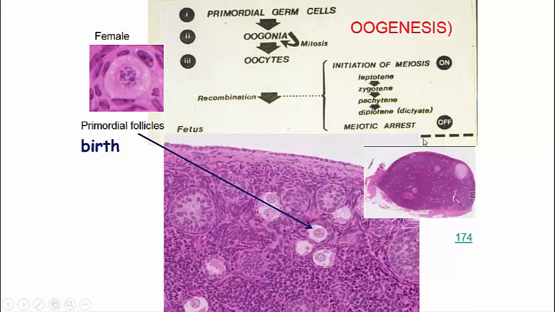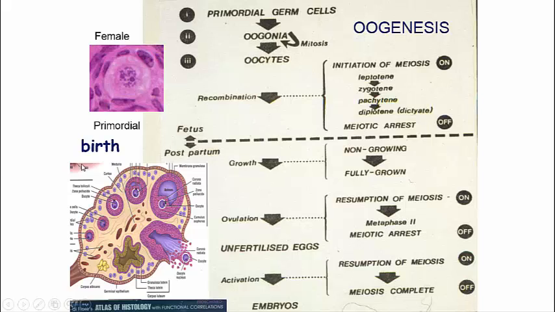So it stopped. Birth occurs at that time, and then you have the growth of the follicle. Whether or not it ovulates has to do with whether or not that egg is chosen to develop further. Most of them don't develop. They die as a primordial follicle with the primary oocyte inside.